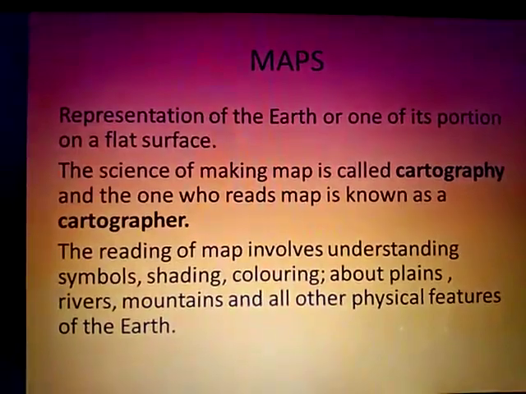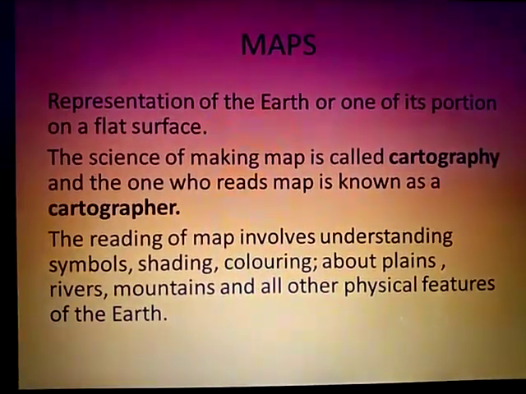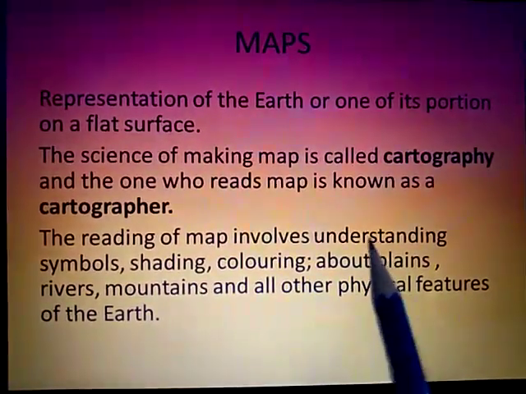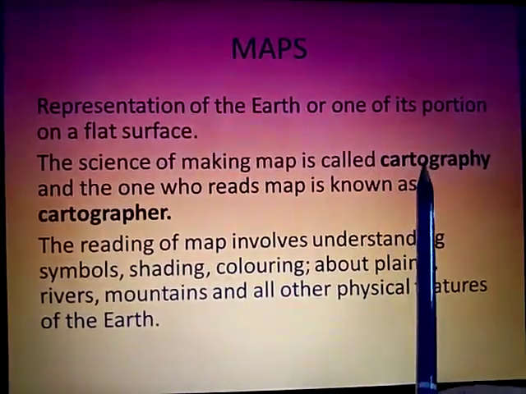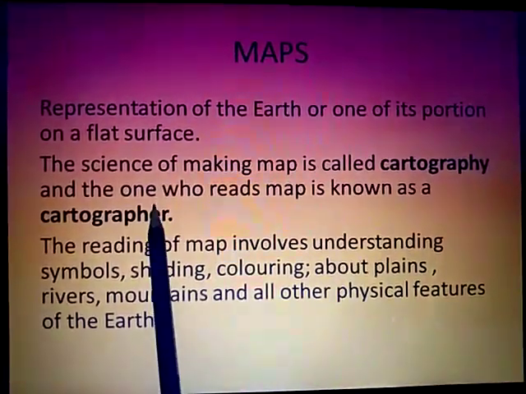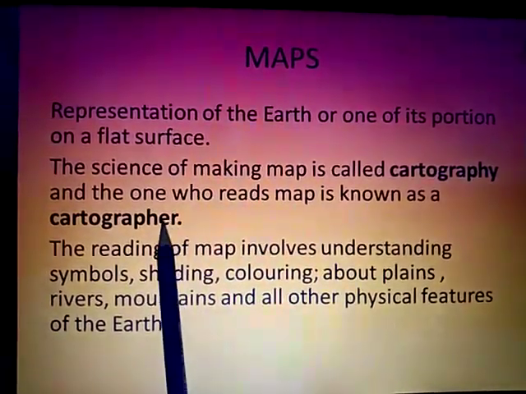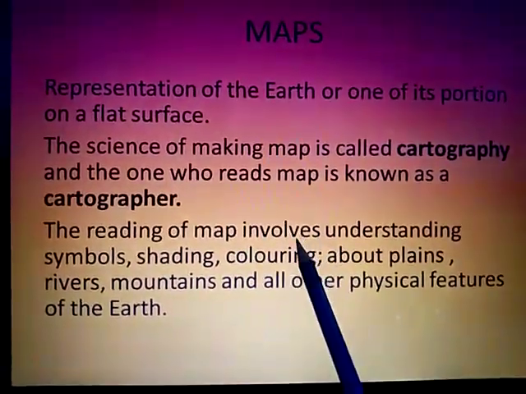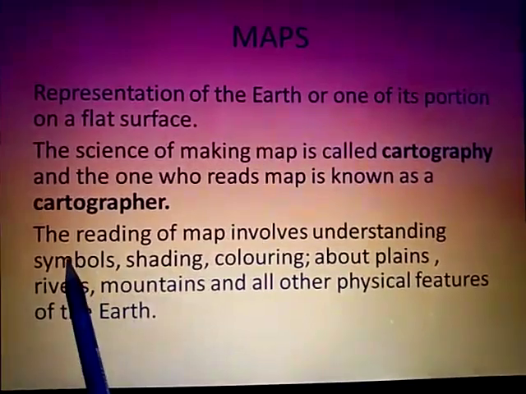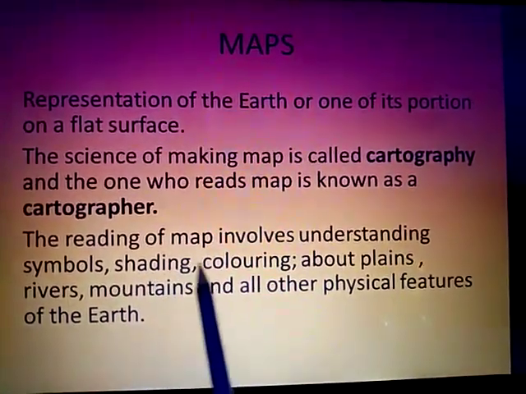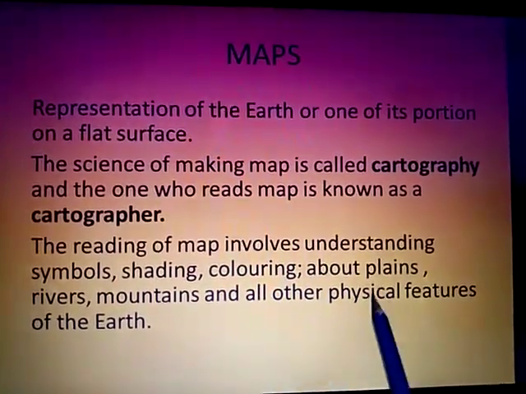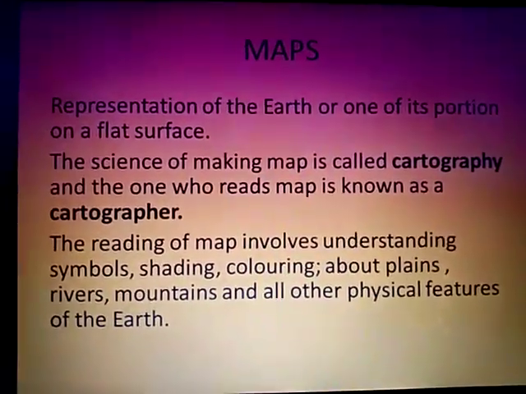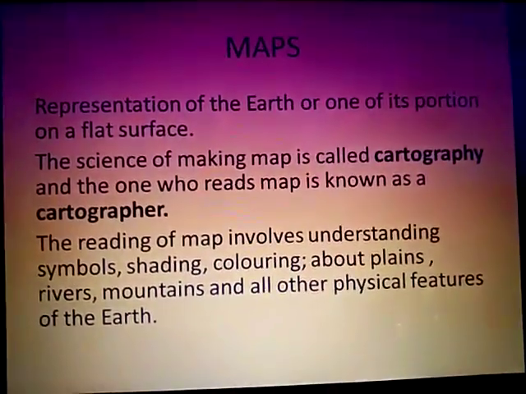The science of studying maps is known as cartography, and the one who reads maps is known as a cartographer. The reading of the map involves understanding the symbols, the shading, the coloring, and all the kinds of physical and political features.